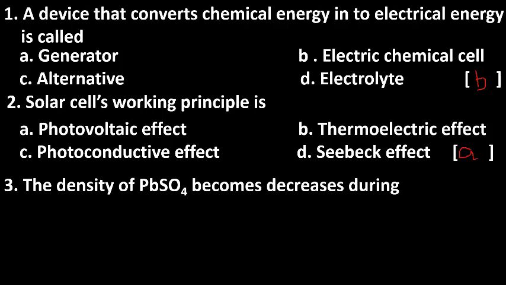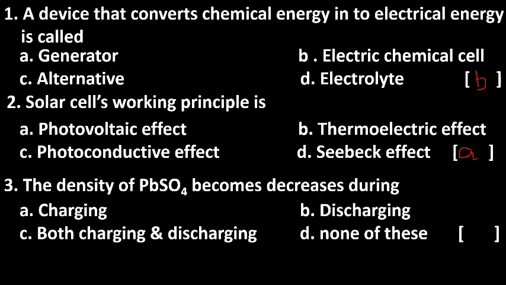The density of lead sulfate decreases during A. Charging, B. Discharging, C. both charging and discharging, and D. none of these. The correct option is B, that is discharging. During discharging, the density of H2SO4 decreases.